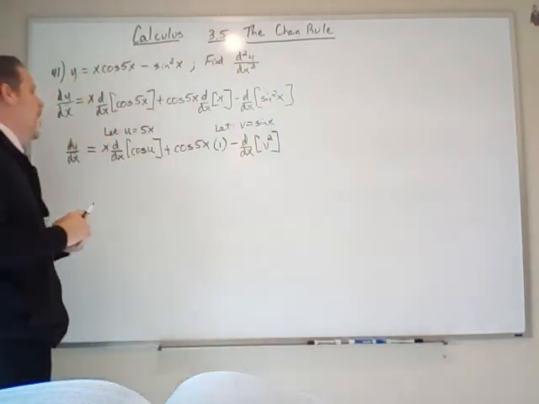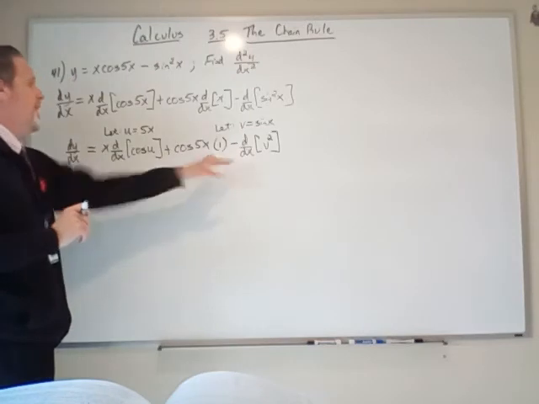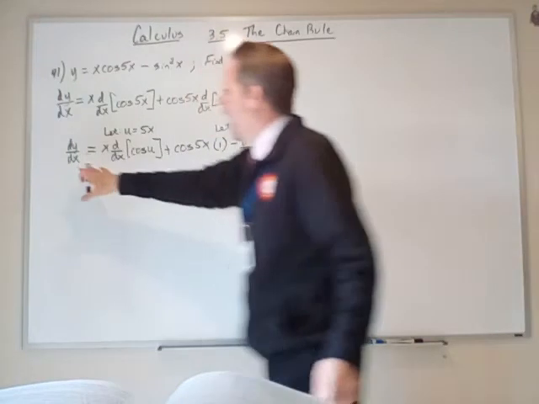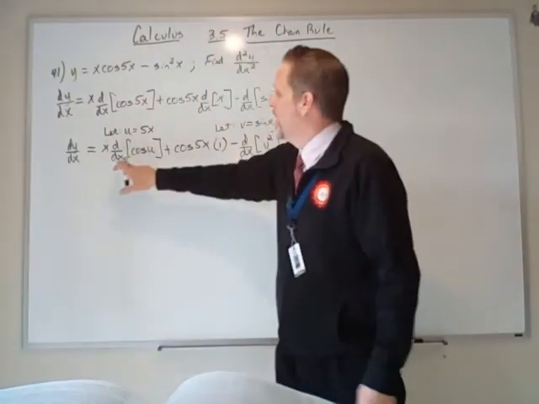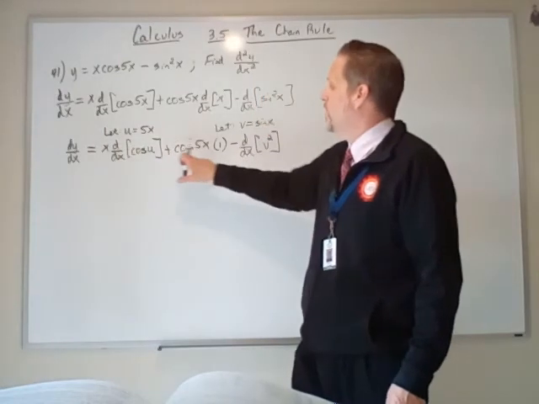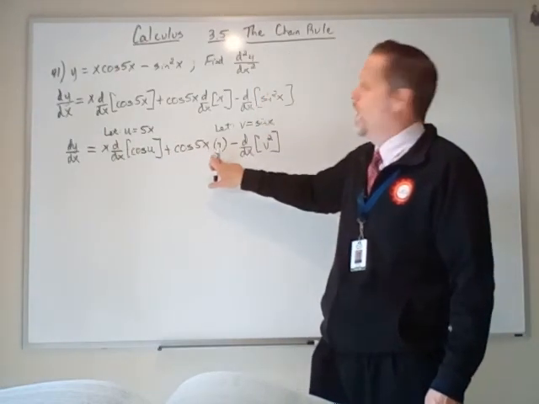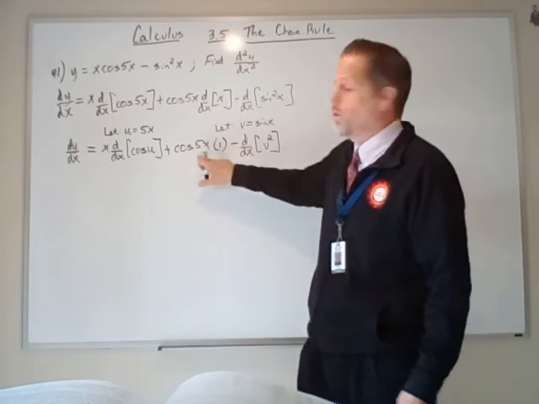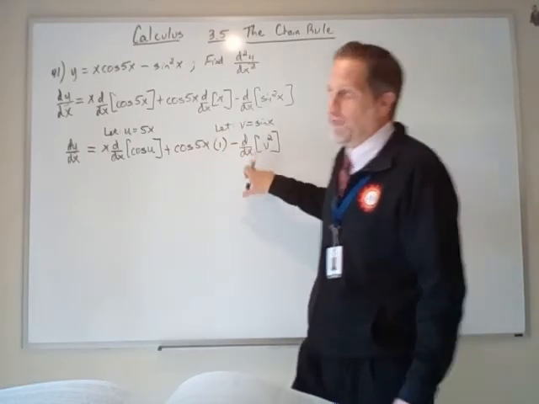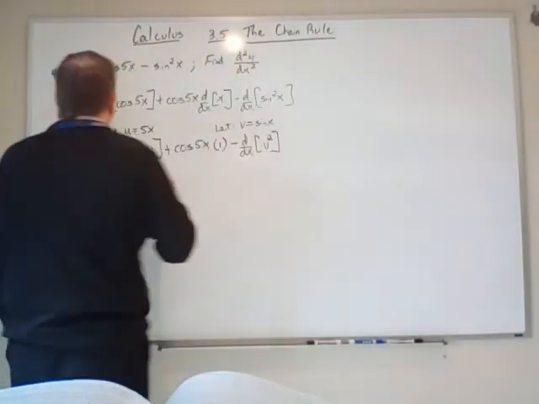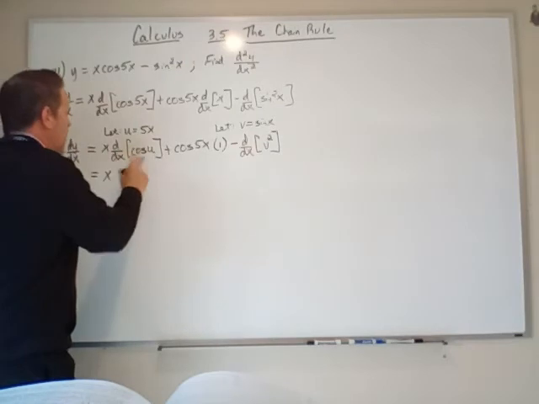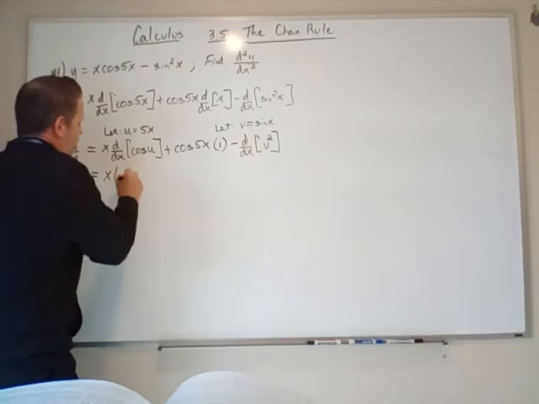Now, I've got two derivatives to take as the operators are noting here. So dy/dx equals x times the derivative of the cosine of u with respect to x plus the cosine of 5x times 1. Derivatives are done in this term, minus the derivative of v squared with respect to x. Now I've got x. The derivative of cosine is opposite sine.